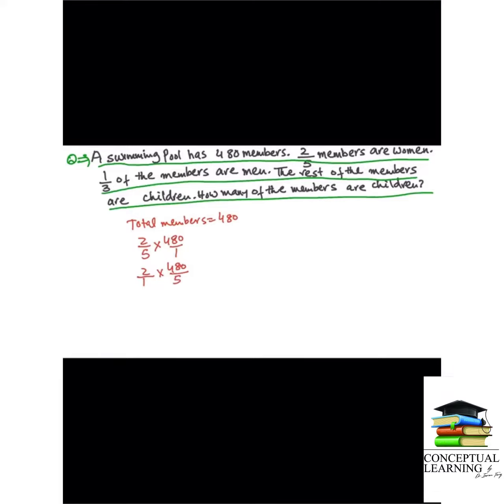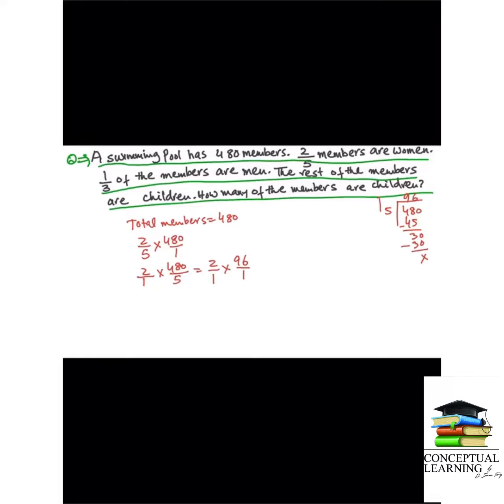So I write down here 480 and then 5. I read the table of 5 up to 48. So 5 times 9 is 45. So we see 3 and we bring 0 here, and then table 5 up to 30 is 6 times. So the answer here is 2 over 1 times 96 over 1.